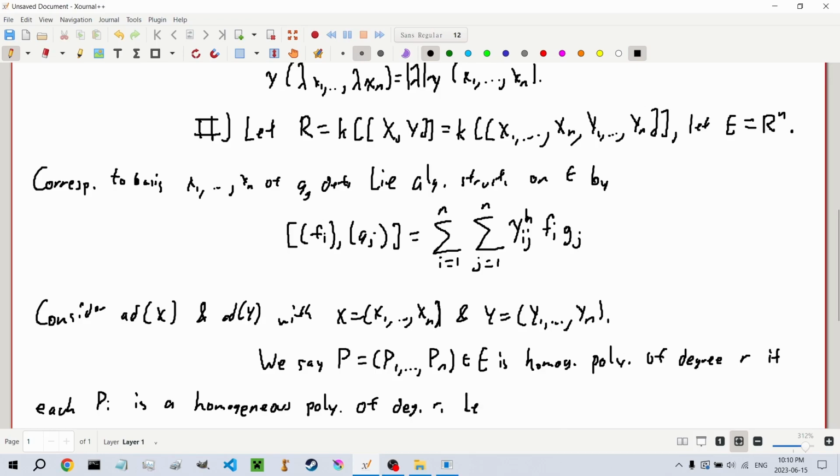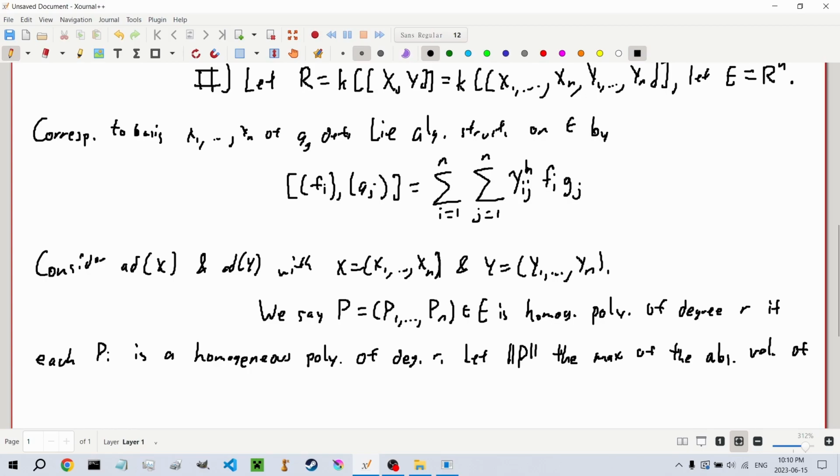And we let the absolute value of P be the maximum of the absolute value of the coefficients of the P_i.